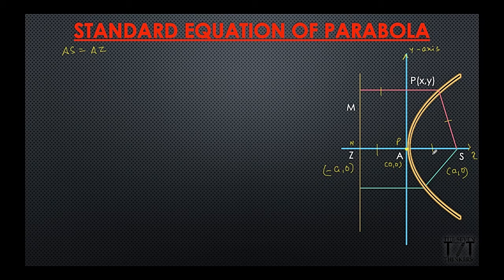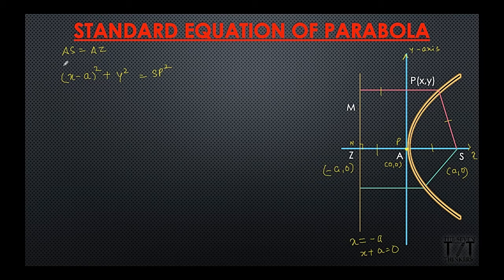So now how do we find SP? Through the distance formula. So what is SP? SP is (x minus a) whole square plus y square, and this is equal to SP square. I have squared both the sides. Now what is PM square? Since Z has the coordinates (minus a, 0) and the directrix is a line perpendicular to the axis, the equation of ZM is x is equal to minus a, or x plus a is equal to 0.